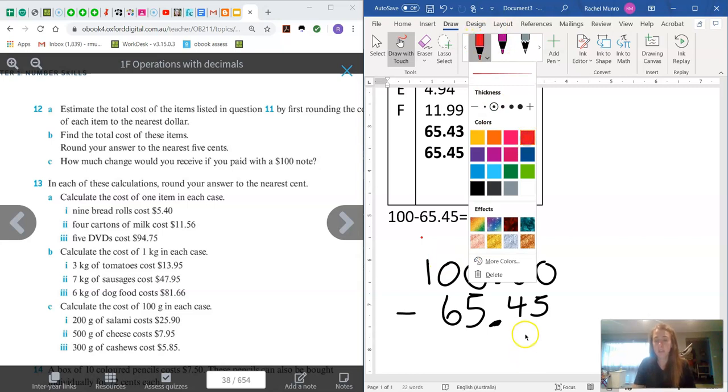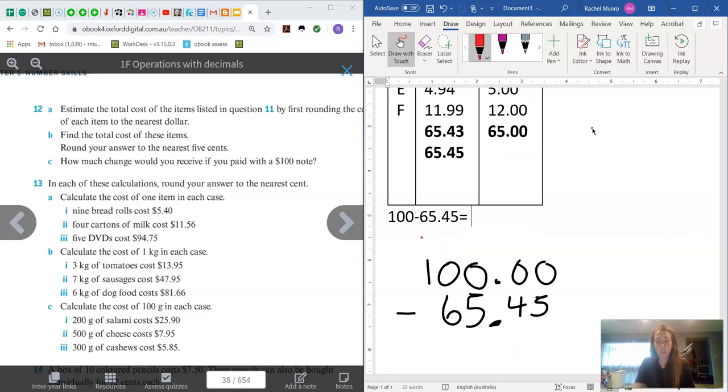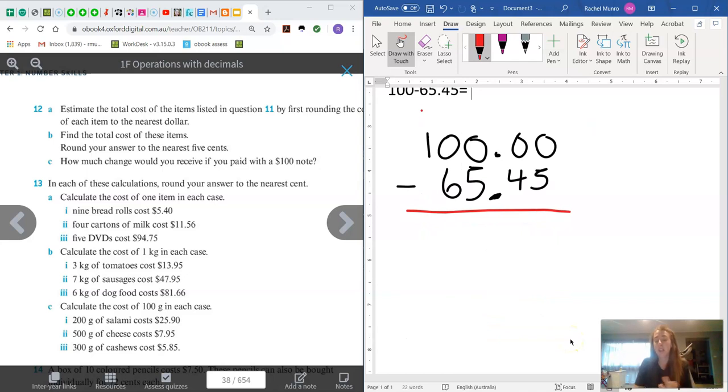Now, some of you might be a long time since you've done any subtraction like this. If you pretend that those decimal places aren't there, we're going to work as if they're not there for the moment.